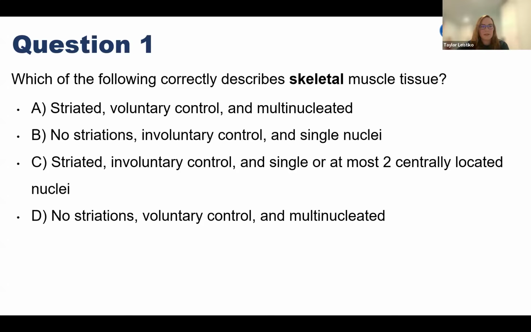Nice. Looks like most people got that the right answer is A.